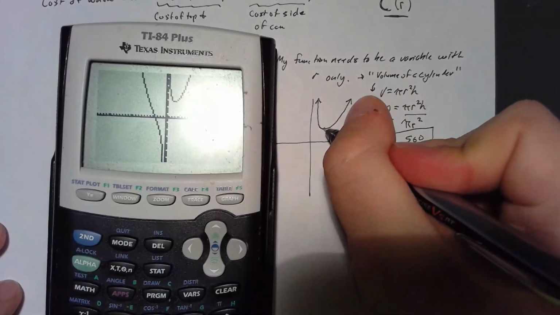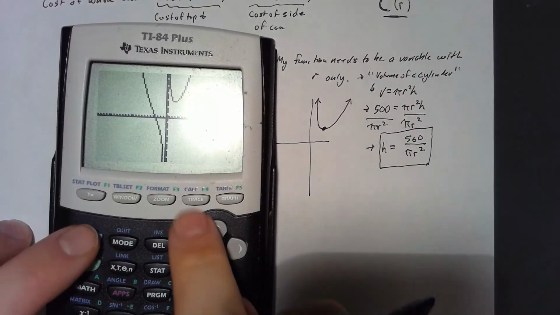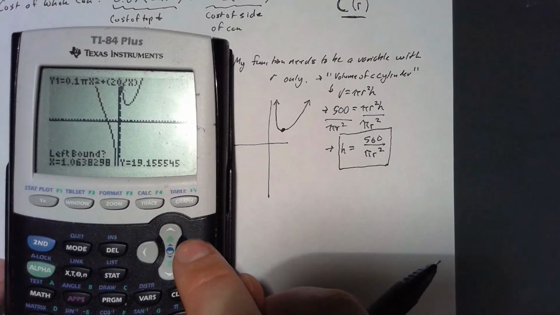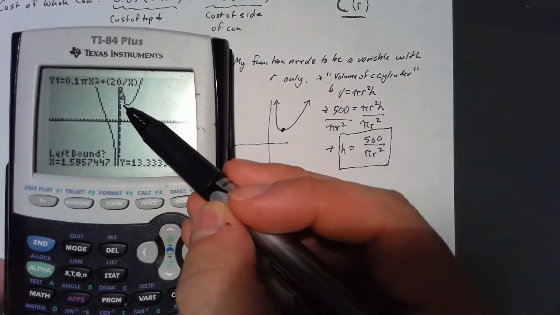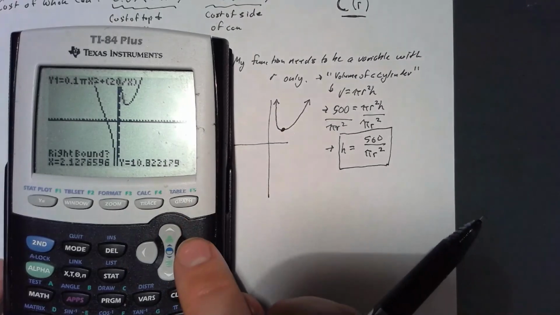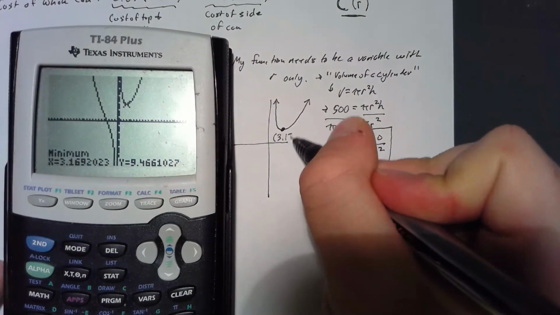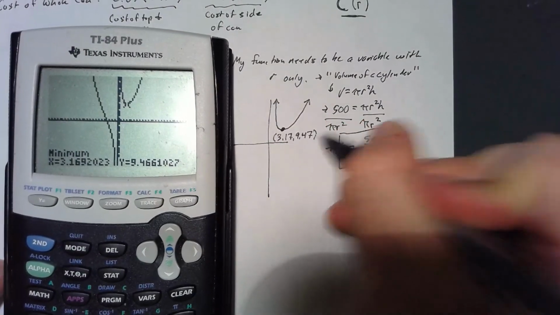That's this point right here. That's the local minimum. So second, calculate minimum. Go to the left of that point, which is right. That's good enough. Go to the right of that minimum. Enter, and I get 3.17, 9.47, approximately.